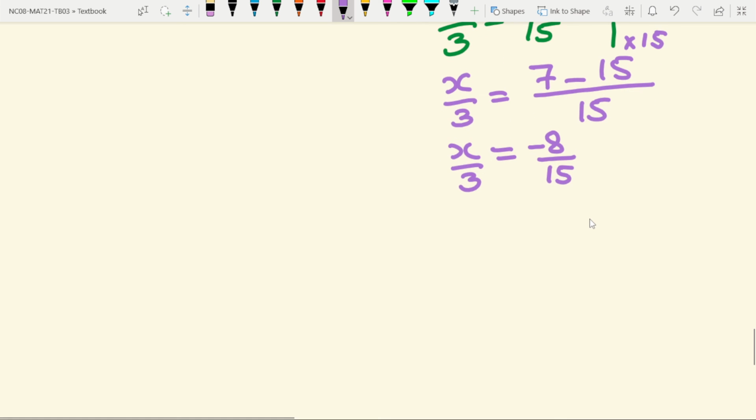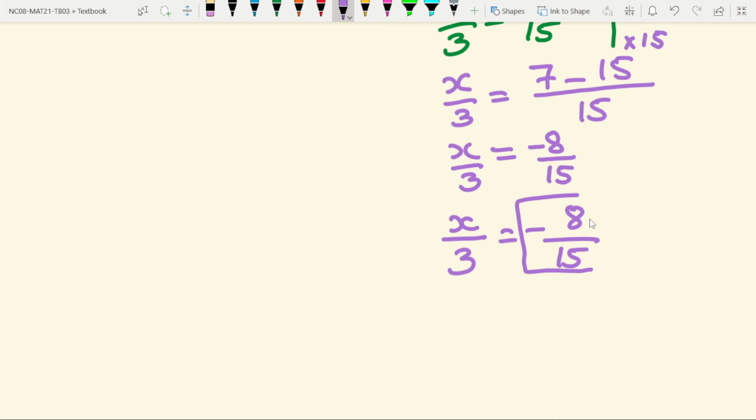So let us solve this now. The equation is x divided by 3 is equal to minus 8 by 15. The known terms are minus 8 by 15, which is a fraction, and 3. So we have to shift this 3 to the RHS, and while transposing 3 to the RHS, it is getting divided with x.